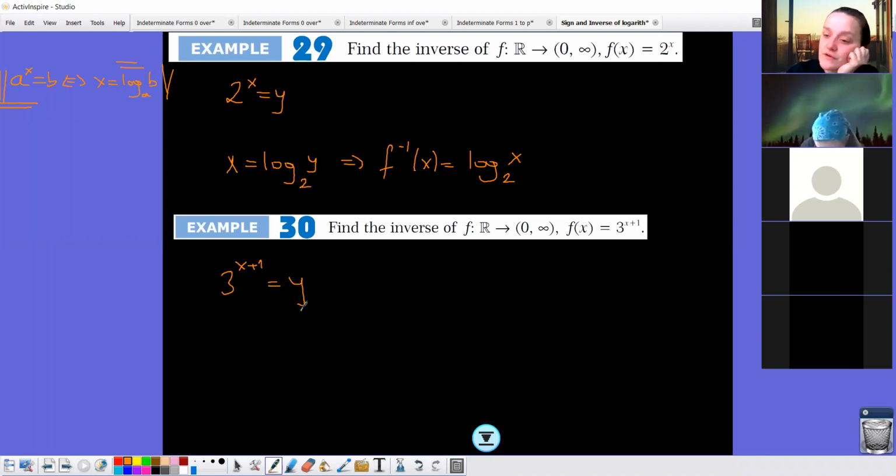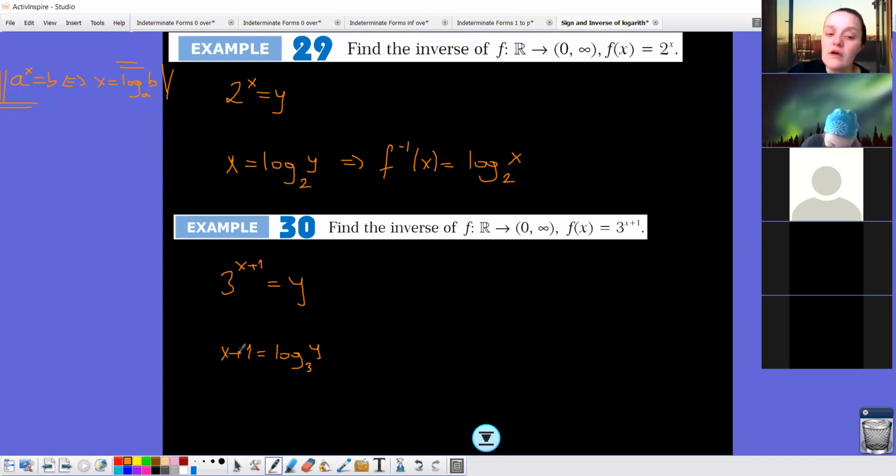So first I need to convert this one to logarithmic. So it will be x plus 1 is equal to logarithm of y to the base x plus 1? No, x plus 1 will stay here. Then it will be logarithm of y to the base 3.